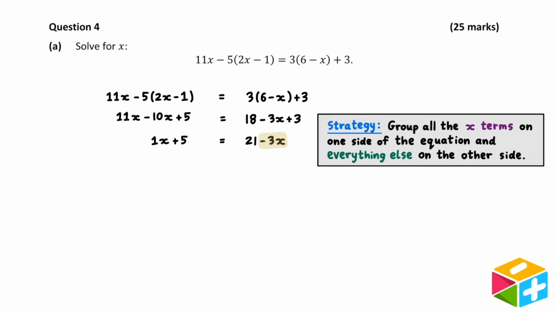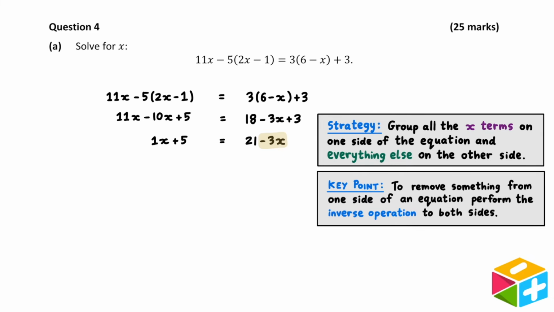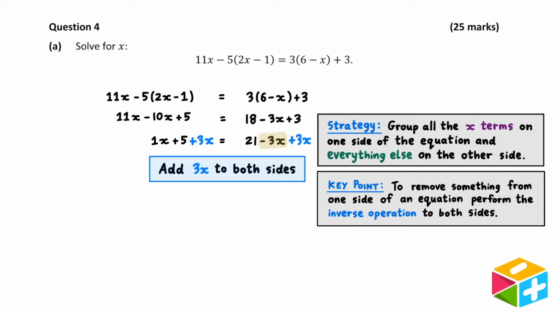To start, I'll need to remove the minus 3x from the right-hand side. The key here is the following. To remove something from one side of the equation, perform the inverse operation to both sides. The inverse of subtraction is addition, so to remove a minus 3x, I need to add 3x to both sides.